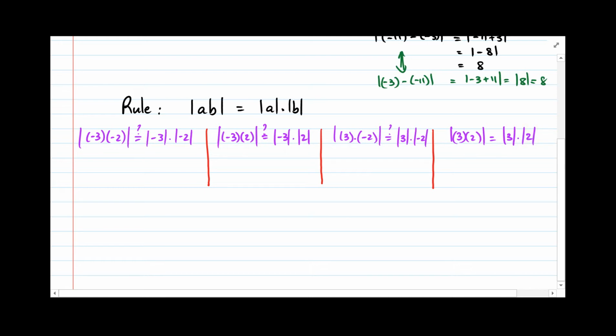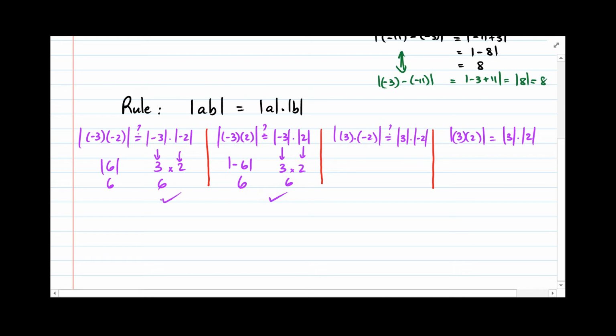All right, so it doesn't matter. If I look through here, the absolute value of 6 equals 6. This is the same as 3 times 2, which is 6. So we see that the rule works when both numbers were negative. Again, coming over, the absolute value of negative 6 on the left hand side of the equality is just 6. When I work this part out, I end up with 3 times 2 is 6.